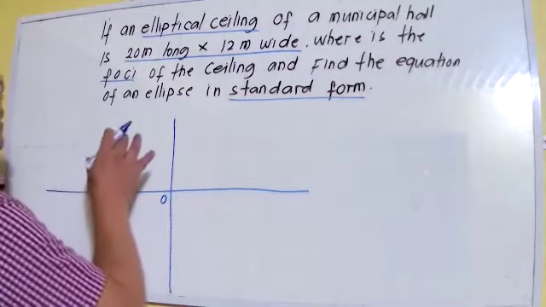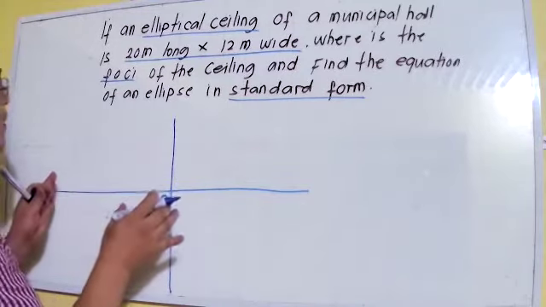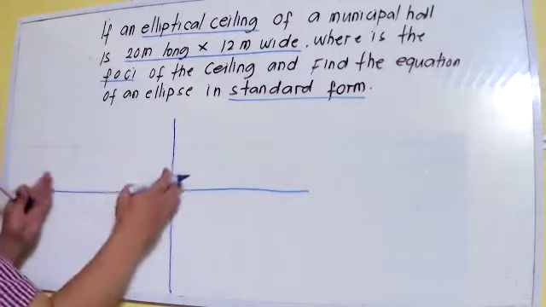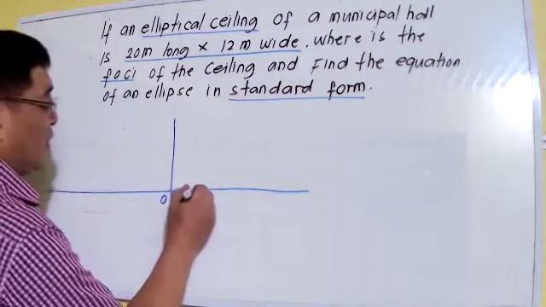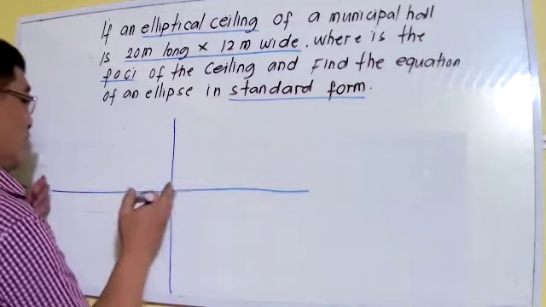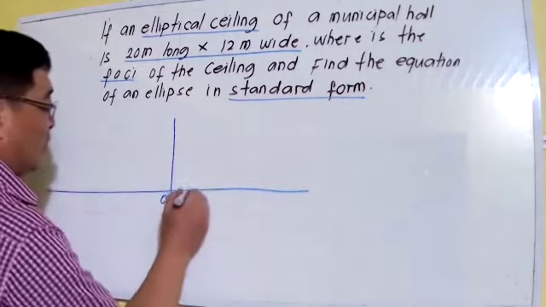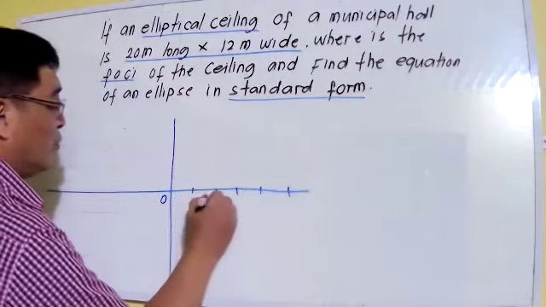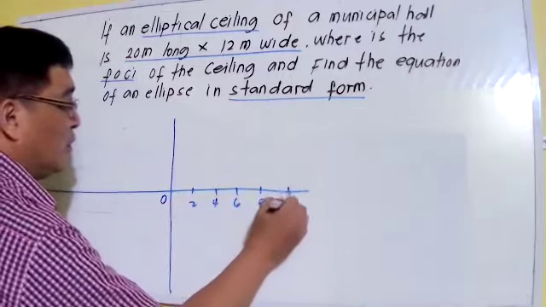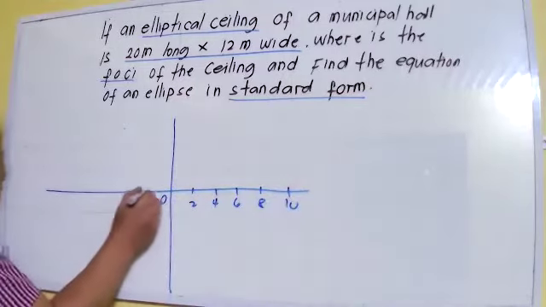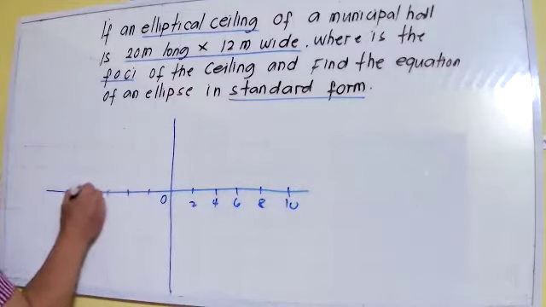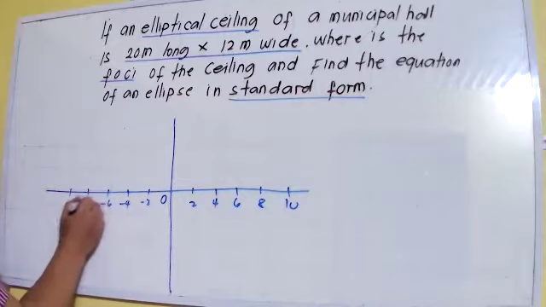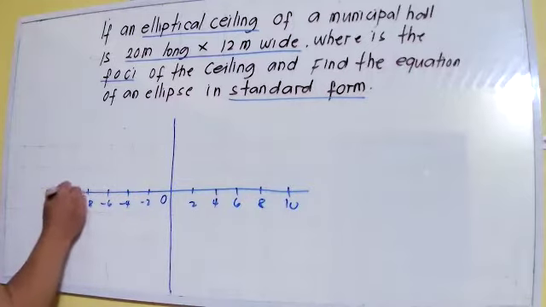Alam natin that yung length ng elliptical ceiling is 20 meters. So, i-divide natin yung 20 meters sa dalawa. Ibig sabihin, this is 10, yung kabila is 10. So, 2, 4, 6, 8, 10, and on the other side negative 2, 4, 6, 8, 10.